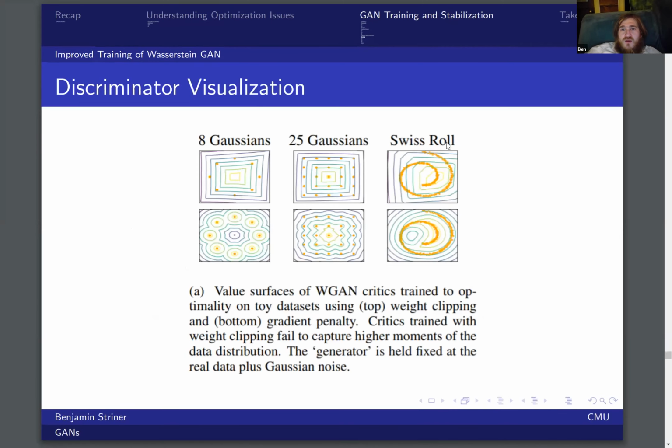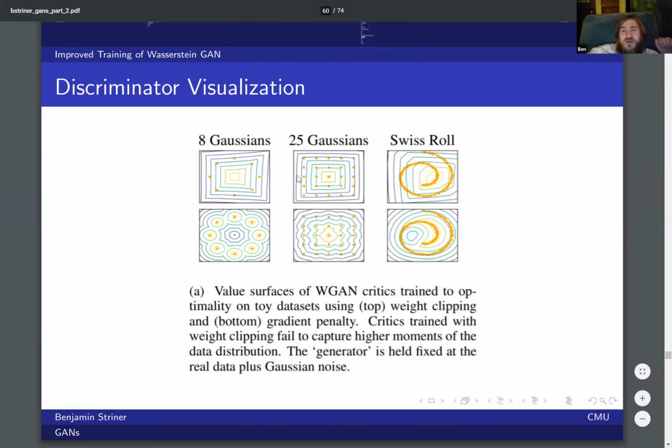So, visualizing what happens: the top row is what happens with the original Wasserstein GAN paper, which used weight clipping. If you do weight clipping, you basically end up with these very boxy lines.